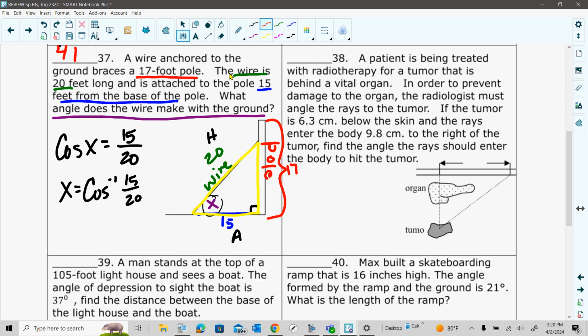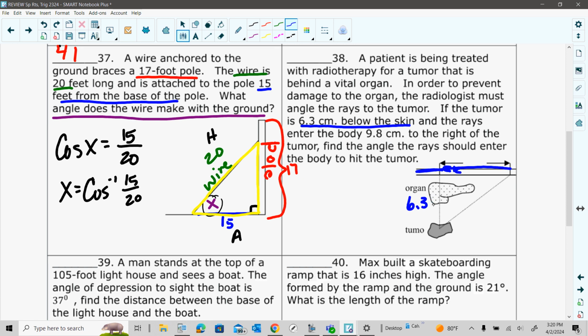Now for the scenario on 38, it's partly drawn, but we have to label, and it's okay. The question asks what angle the ray must enter if the tumor is 6.3 below the skin. So this represents the skin here, this little tube. So the 6.3 would be here.